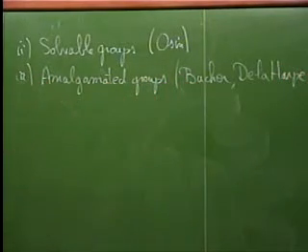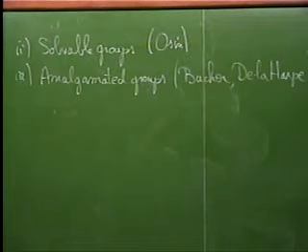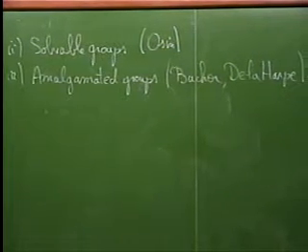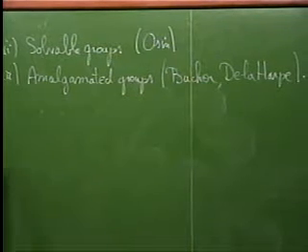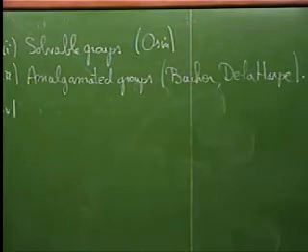De la Harpe has written a book on geometric group theory, and you'll find in this book plenty of very nice information. It's a very good book, actually. More interesting for geometers is the category of hyperbolic groups.